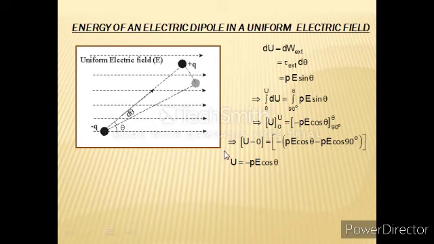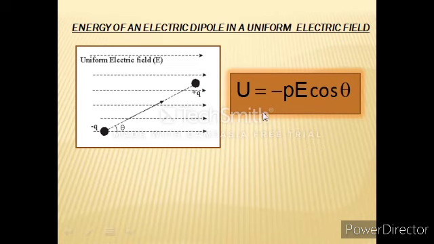This expression clearly tells you that as the value of theta increases, the energy increases, and as theta decreases, energy also decreases. When theta is 0, energy is minimum.